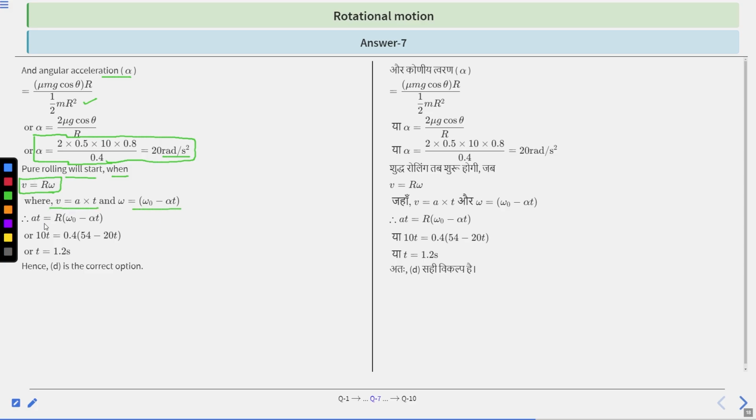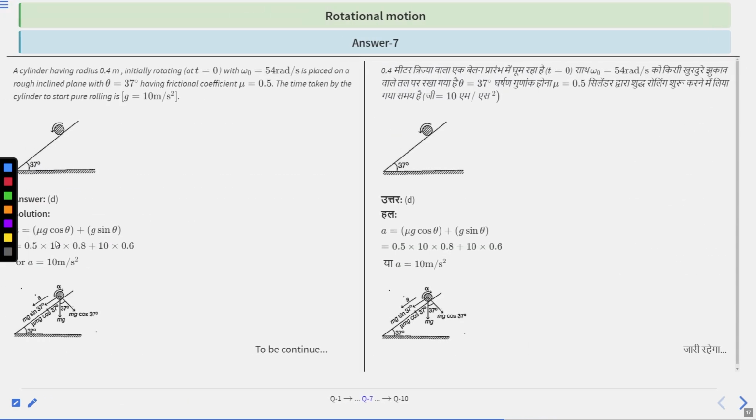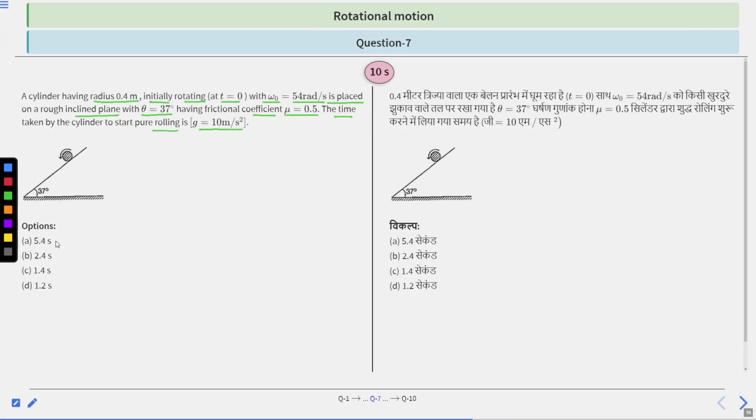So a t is equal to r times omega naught minus alpha t, or we can say 10t equal to, because acceleration is given, 10t is equal to 0.4 times (54 minus 20t). Solving this, we get t equal to 1.2 second. 1.2 second is the correct answer. Clear? So option D is correct.